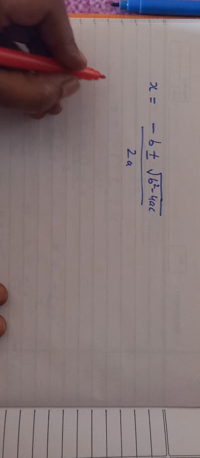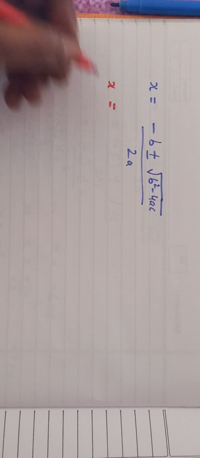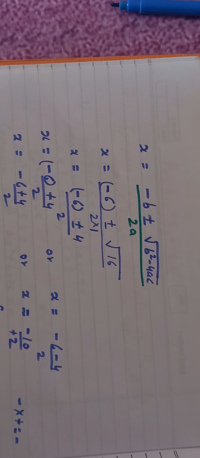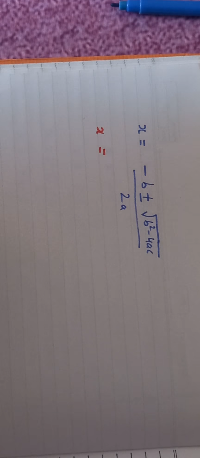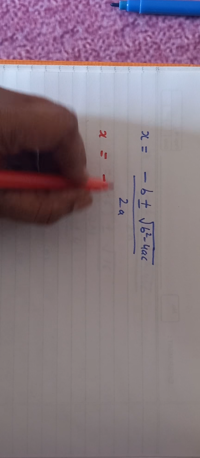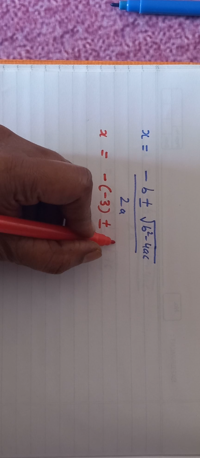Now all the values of a, b, c we need to write. X is equal to, the value of a is 1, B is minus 3 and C is minus 2. So we will substitute. Now this minus, write it like this, minus. So the value of B is minus 3 plus or minus.